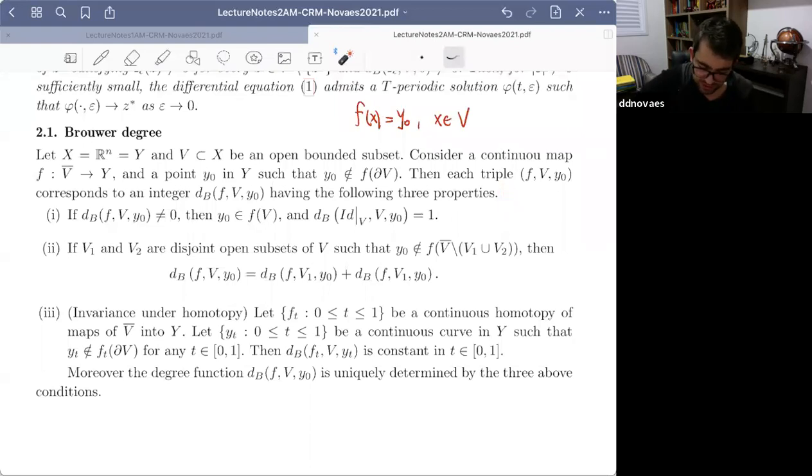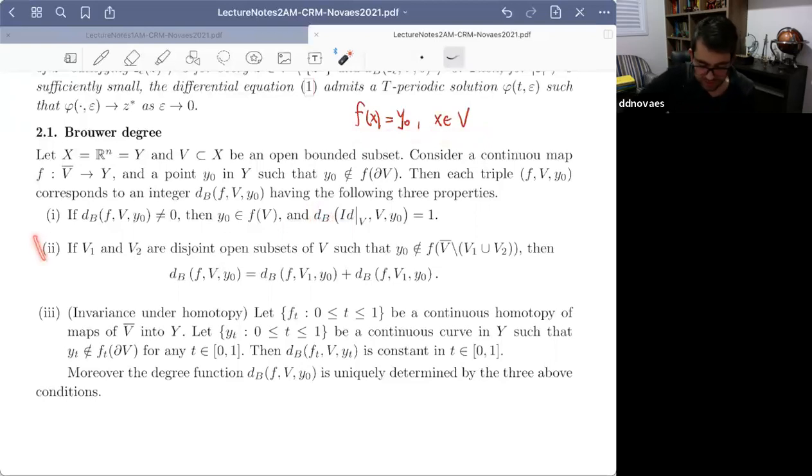The first one is exactly which answers this question. If the Brouwer degree of f, V, y_0 is different from 0, then y_0 belongs to the image of V by the function f. That is, there exists an x in V such that f(x) is equal to y_0. That means there exists a solution for this equation. And another property is that the Brouwer degree of the identity is equal to 1.